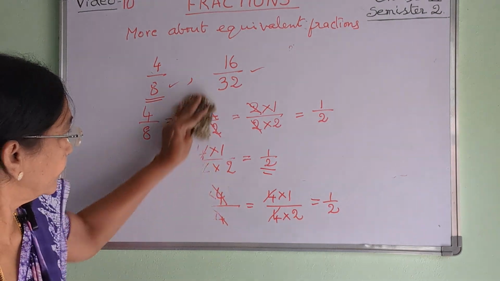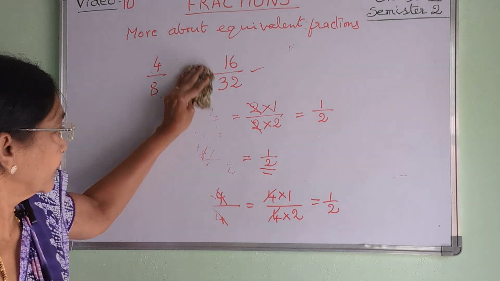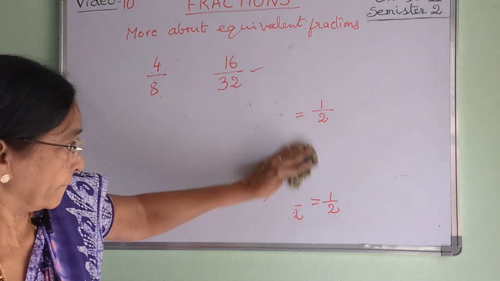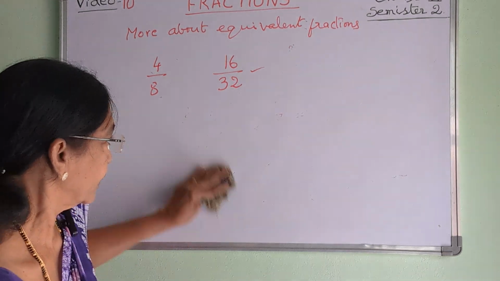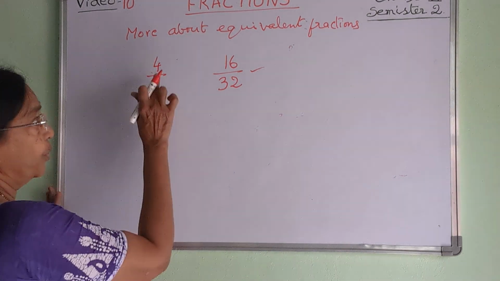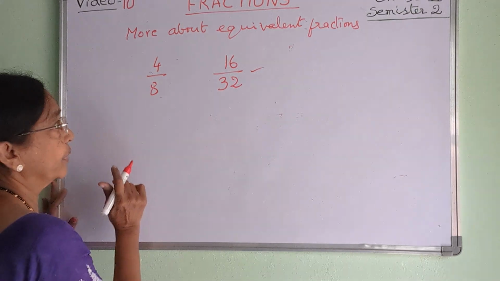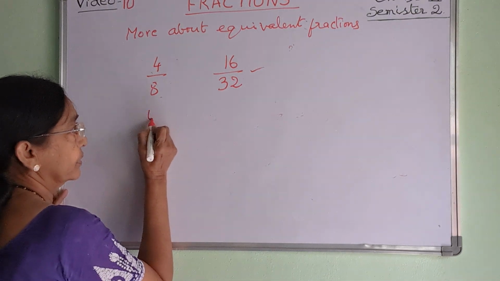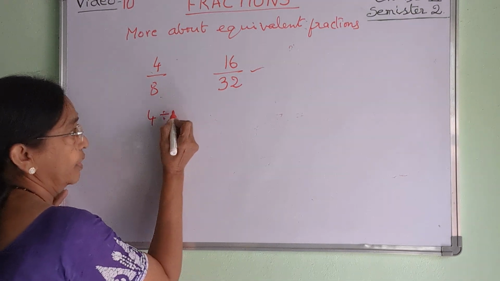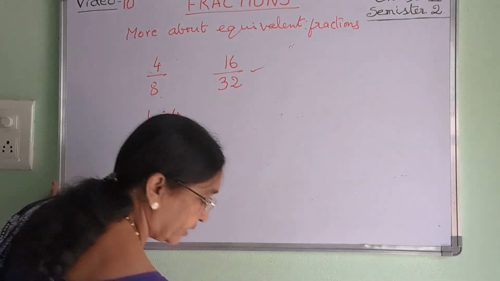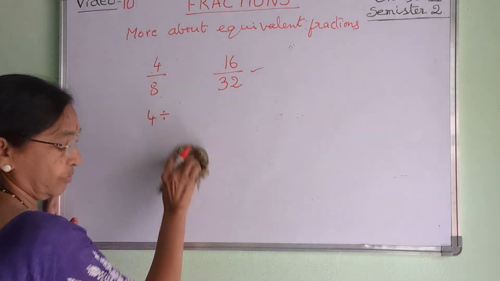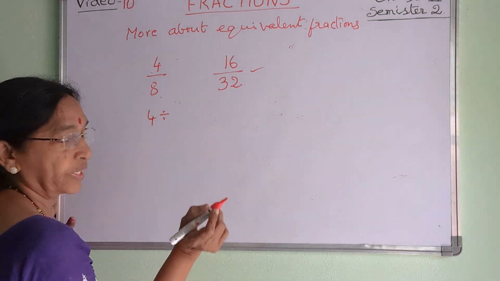Or in another way, we divide both the numerator and the denominator by the same number. Let us take 2, as 4 is equal to the numerator, you will get confused.